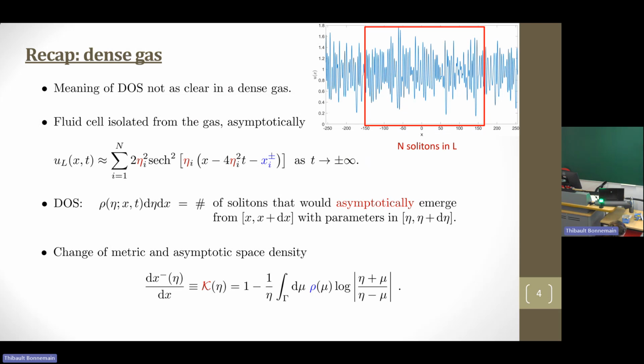Here we introduce k as the asymptotic space density, and it's completely determined by the spectral density of states.